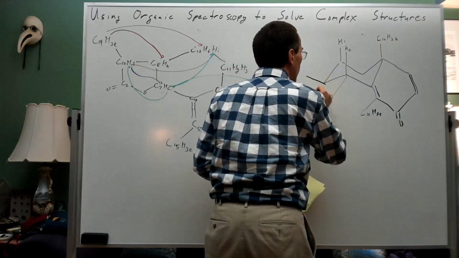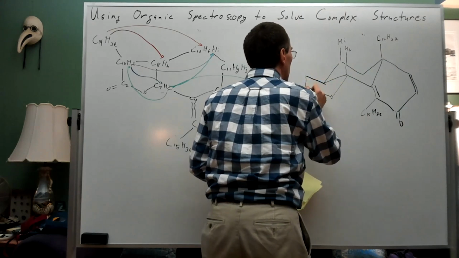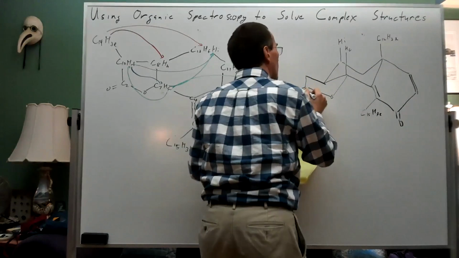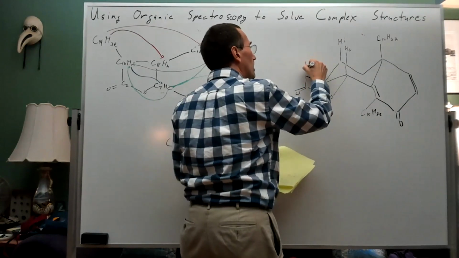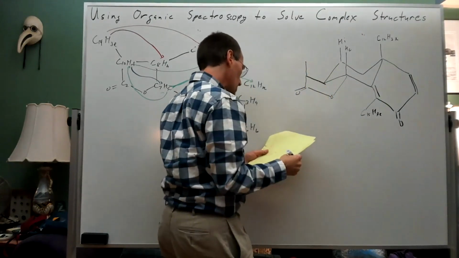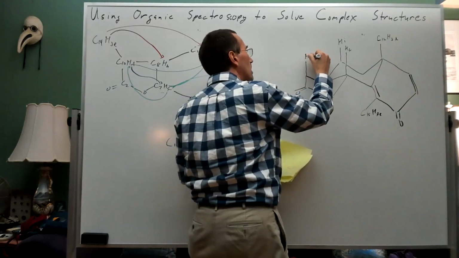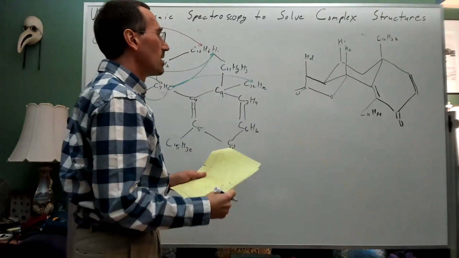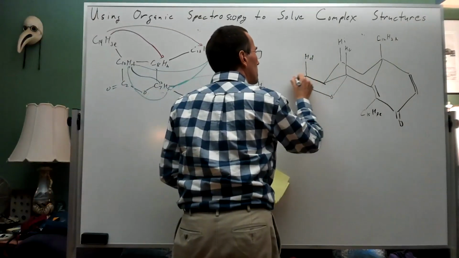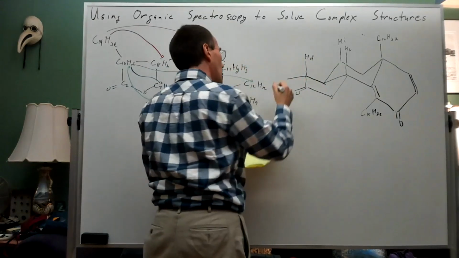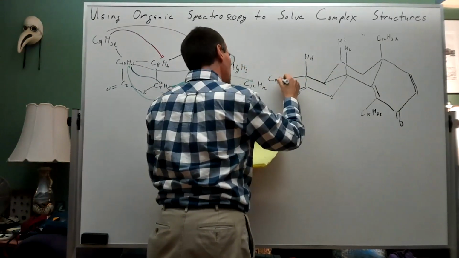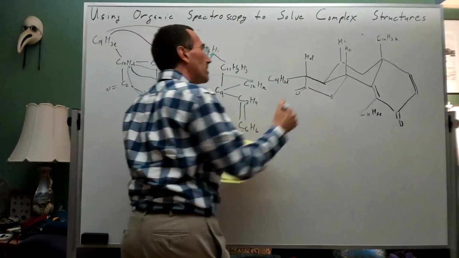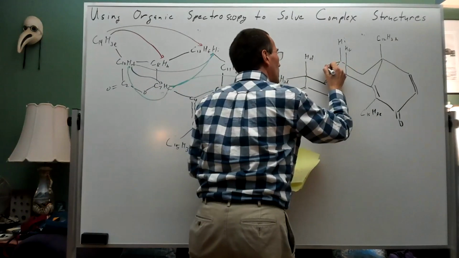And so I can finish my drawing like this. And now that gives us a good excuse to draw HD pointing up, kind of continuing that axial thing. That puts this methyl group into an equatorial position, C14H3L.